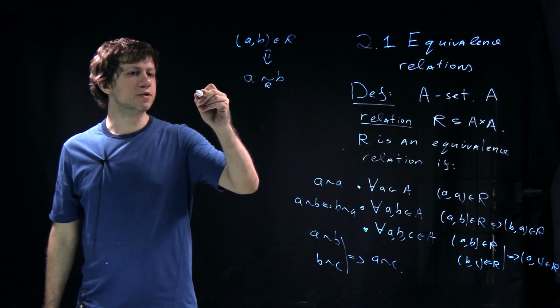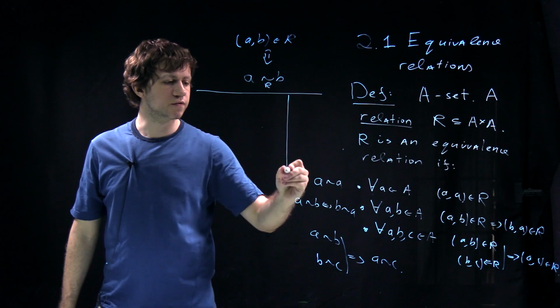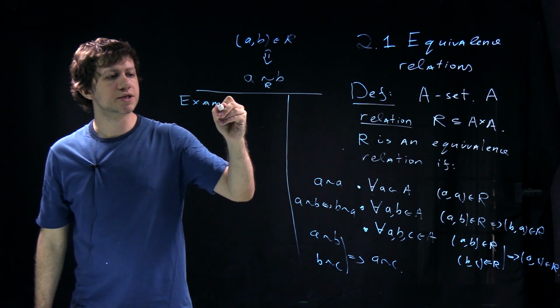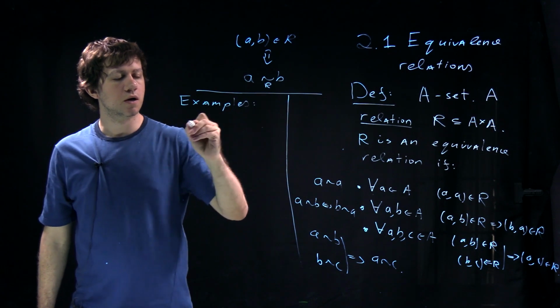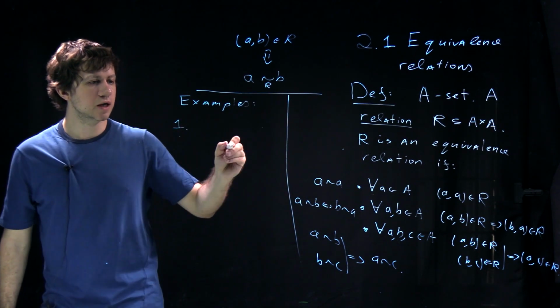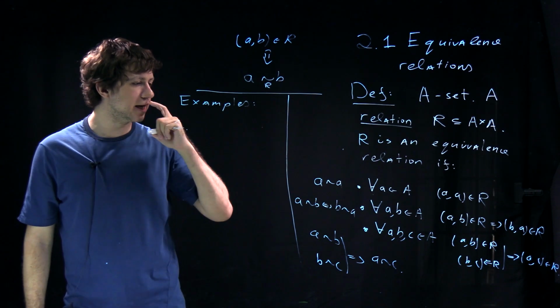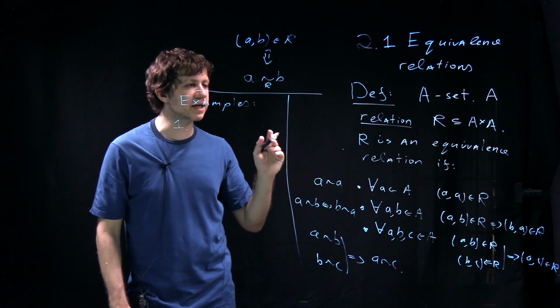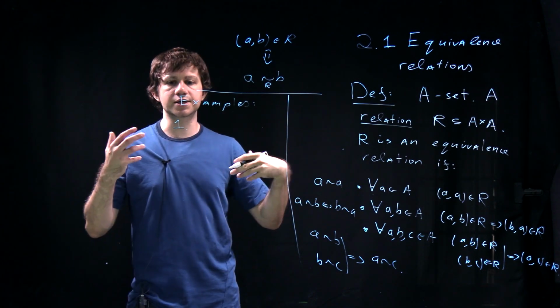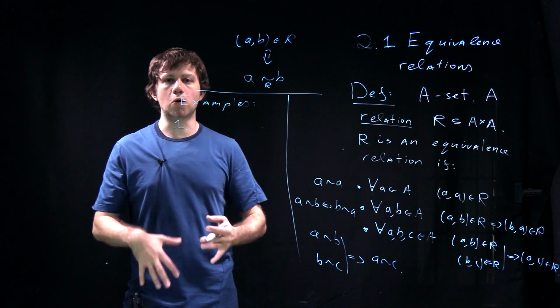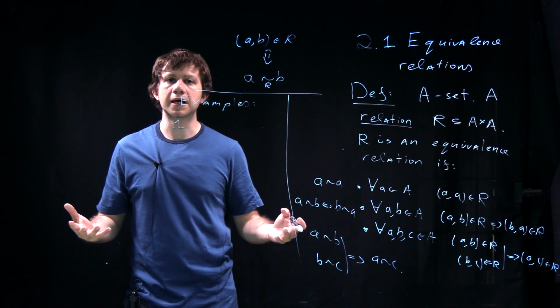There are so many examples, and you probably already know quite a few of them. So examples are, for instance, you can say, yeah, that starts to be a little bit complicated because I want to say that, for instance, isomorphism of groups is one, but if you just look at all groups, they don't form a set.